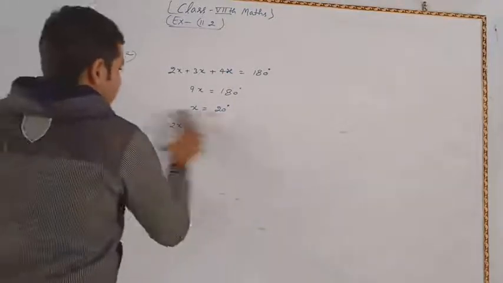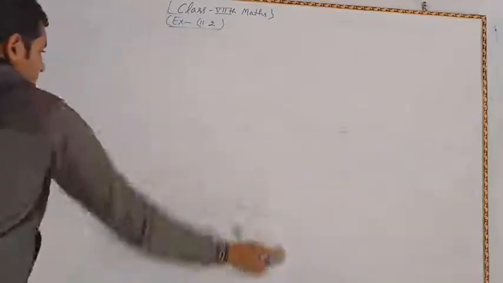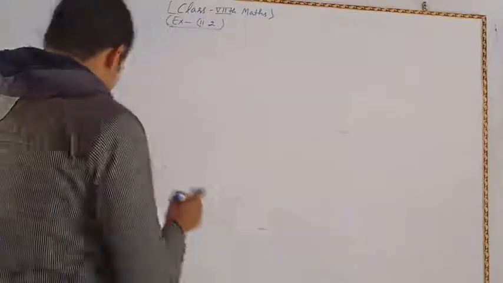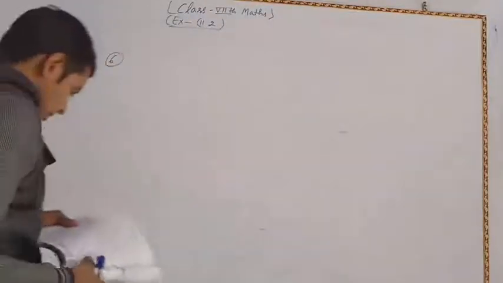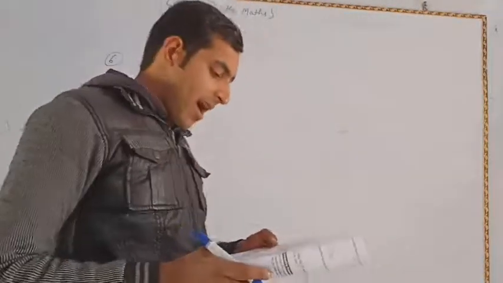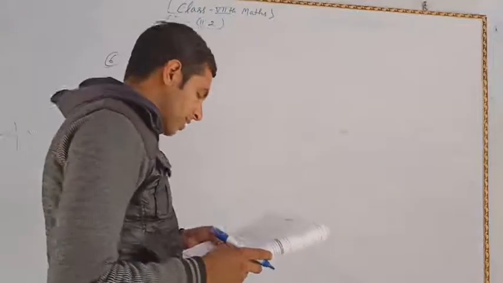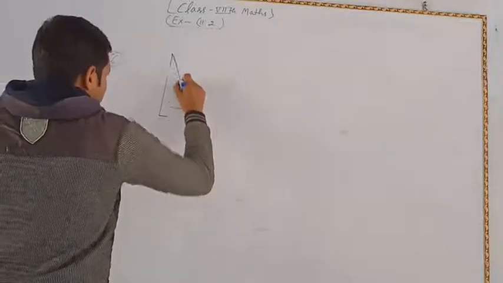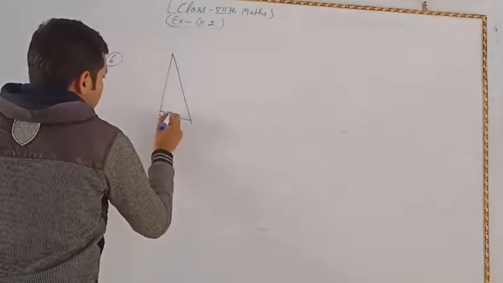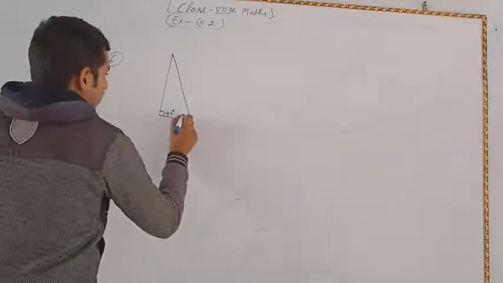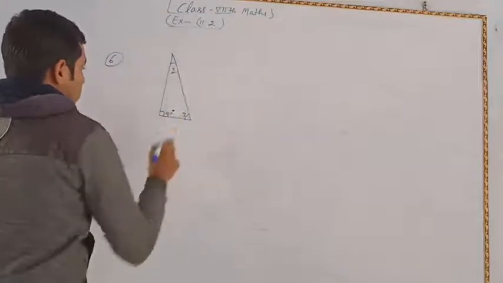Now again, we have to solve problem number 6, in which it is given that the acute angles of a right angle triangle are in the ratio 3 to 2. Find the angles of the triangle. So first of all, we sketch a figure in which this is a right angle triangle and the other two angles are in ratio 3 to 2.